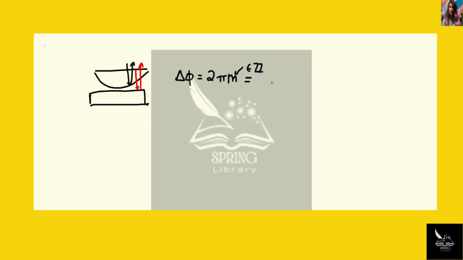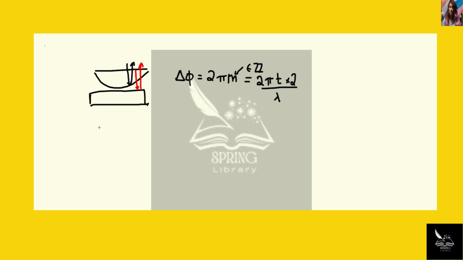The phase difference between these two: if this is the second and this is the first photon, the additional phase that this accrues in comparison to this is the phase it accrues as it goes through this air. That's just 2 pi times whatever thickness it is at a particular position on the lens, and it's going to go through it twice, so that's times 2 divided by lambda.